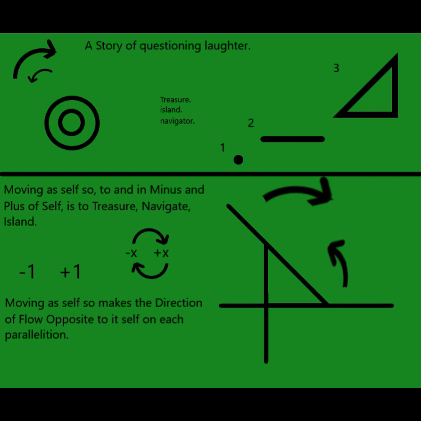So now on this story of questioning laughter, we have moving as self, to and in, minus and plus of self. This is to treasure, navigate, and island. Now, after it starts from L, we have to be either our value in a plus or our value in a minus.